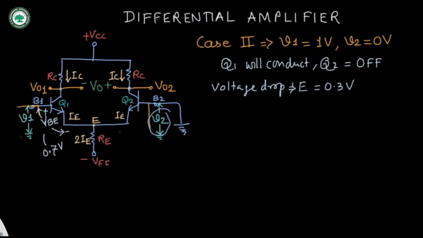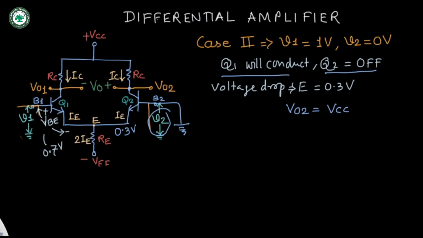As the base is grounded, the voltage available will be 0.3 volt, which will not be sufficient to conduct the other transistor. So Q2 will remain off and Q1 will conduct. What will be the output voltage at the Q2 collector? It will be almost VCC voltage, so I will consider VO2 is equal to VCC.